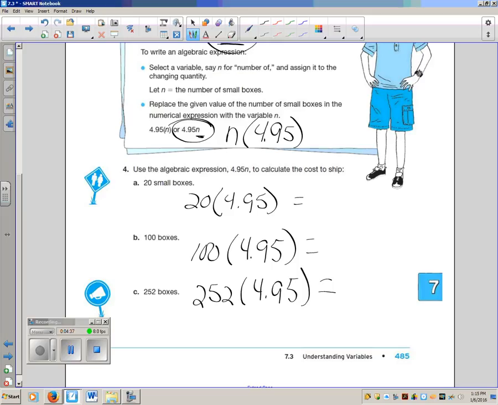Pause the video, figure out those answers, and then start it up again. Okay, so your answers are $99, $495, and $1,247.40.